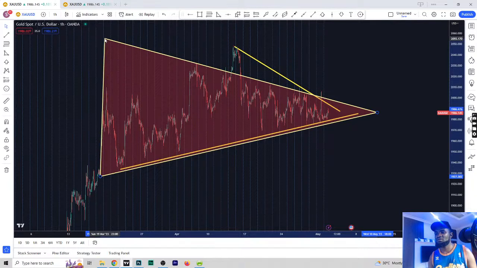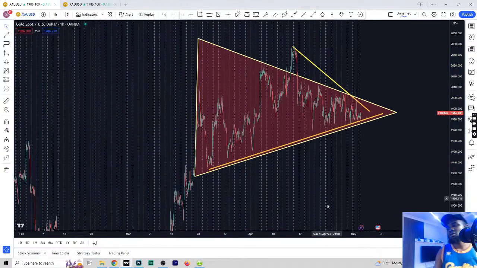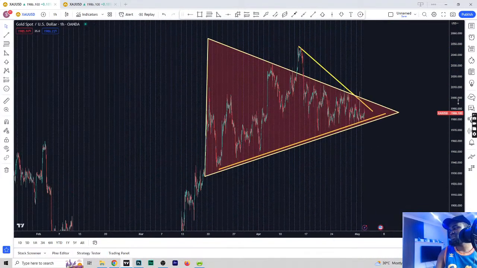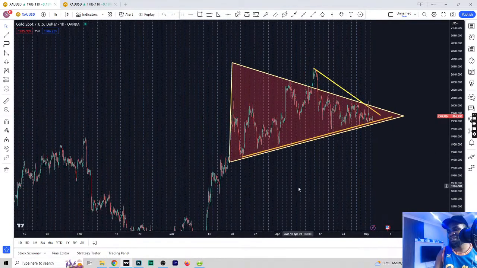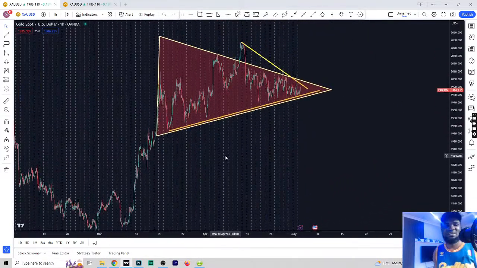What we see here is a heavy triangle, which we see here.